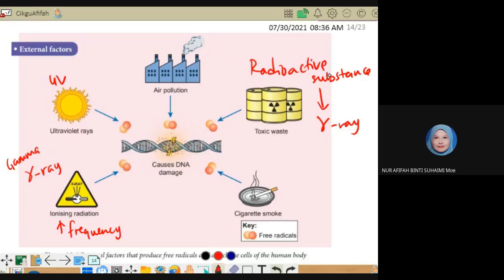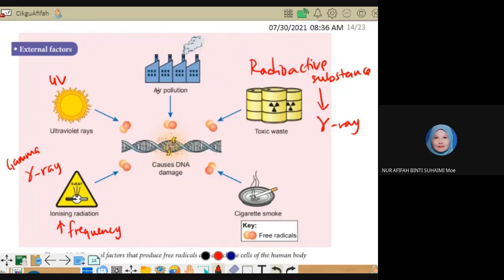Okay, kalau radioactive substance ni, radioactivity is the unstable nucleus that will emit radioactive radiation to become stable. So contohnya, this one is the free radical. Free radicals is come from the unstable atom lah.